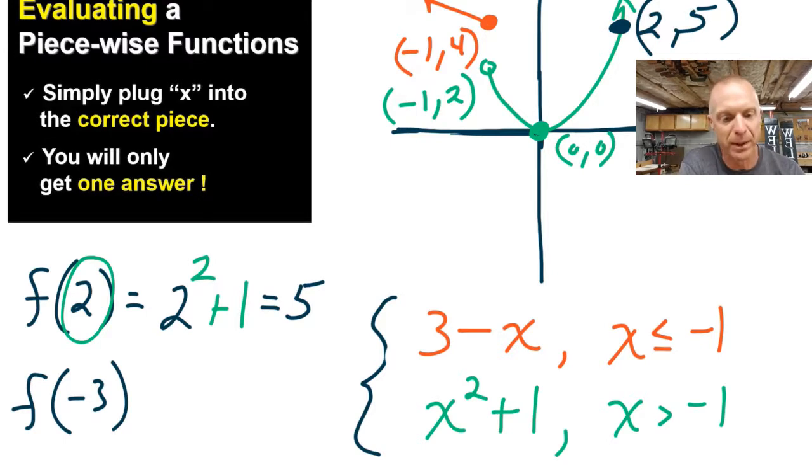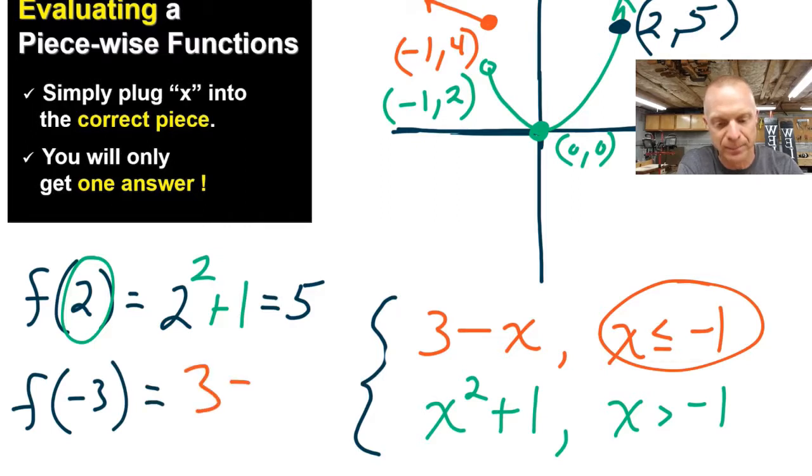What if we want to plug in -3? What type of x value is -3? That's right, it's an x value that's less than -1. And that means that we're going to plug it into the linear piece. And again, everybody can do this. You're just going to plug in -3. Make sure you do it carefully because we end up with 2 negative signs. So we have plugging in -3, we end up with 3 minus -3.